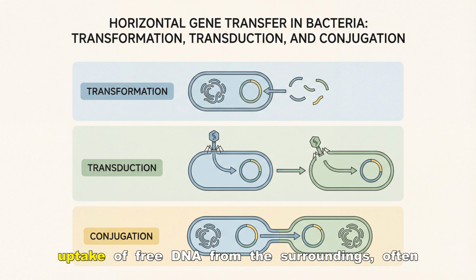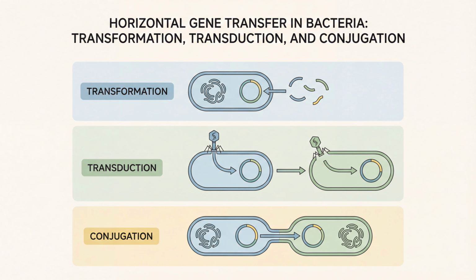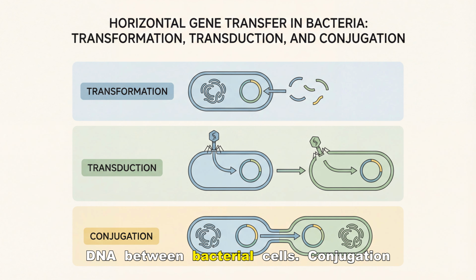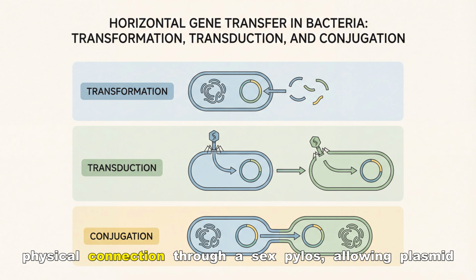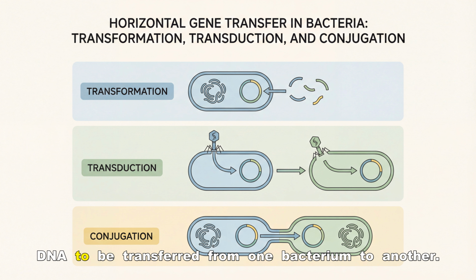Transformation involves the uptake of free DNA from the surroundings, often from lysed cells. Transduction occurs when bacteriophages, which are viruses that infect bacteria, accidentally transfer DNA between bacterial cells. Conjugation is often considered the most direct method, involving a physical connection through a sex pilus, allowing plasmid DNA to be transferred from one bacterium to another.